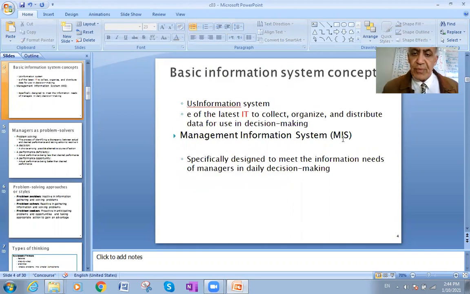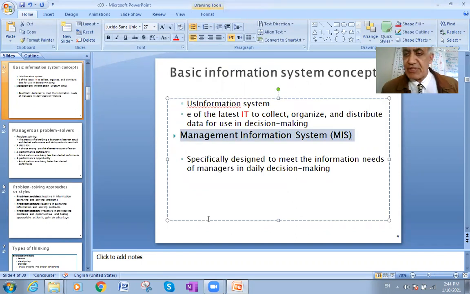We have something called a management information system, specifically designed to meet the information needs of managers in daily decision making.